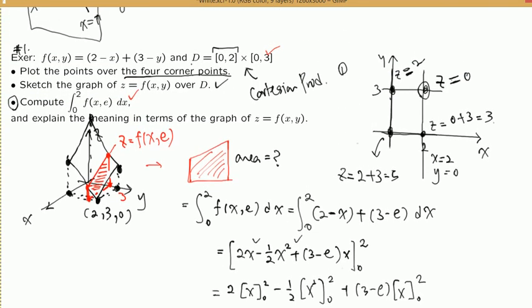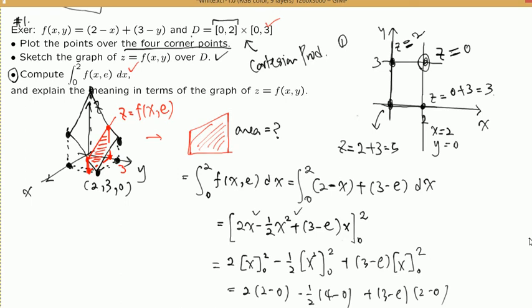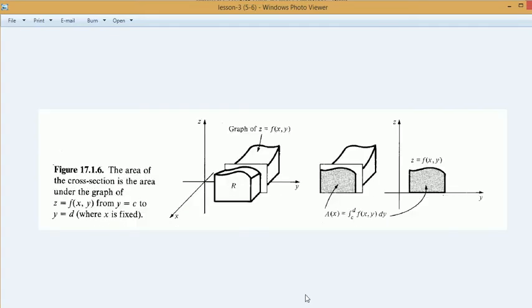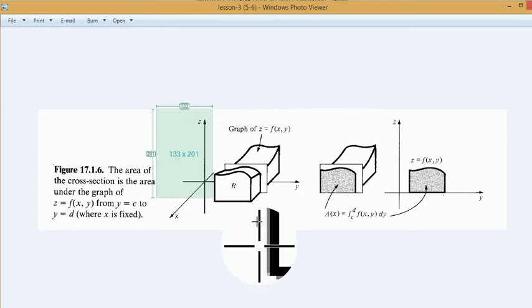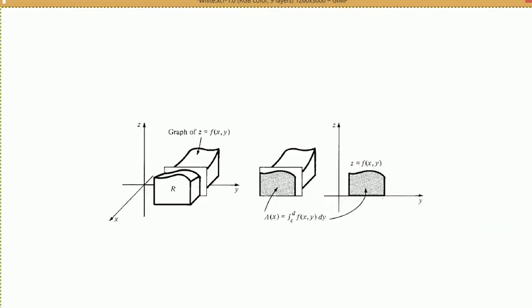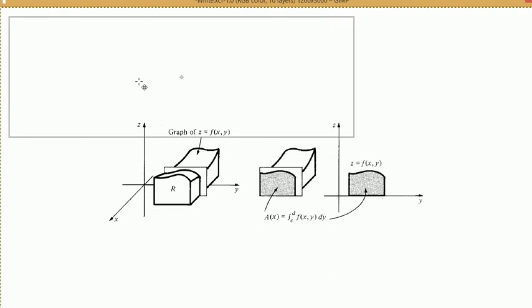So here is the shape, and we are dissecting it into pieces and thinking about the area. That's what we've been doing. All right. So why are we calculating areas? I thought we were calculating volumes, right?